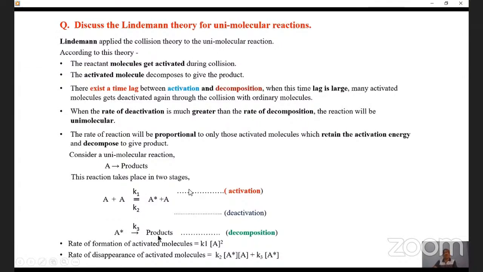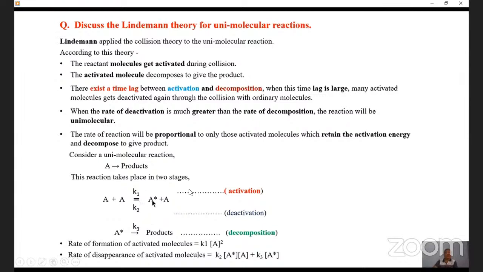Further, the rate of formation of activated molecule is given by this equation, equal to K1 concentration of A square, because here there are two reactant molecules, that's why there is a square. Then the rate of disappearance of the activated molecule.